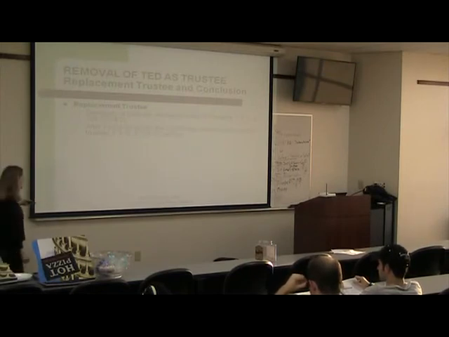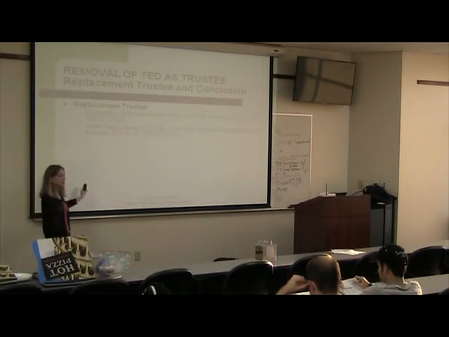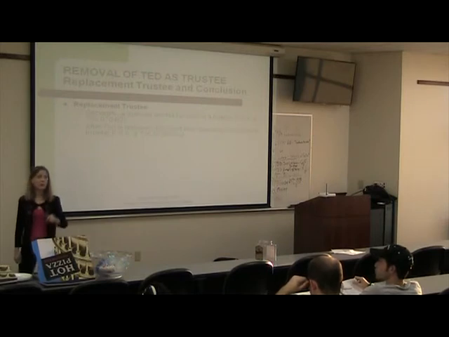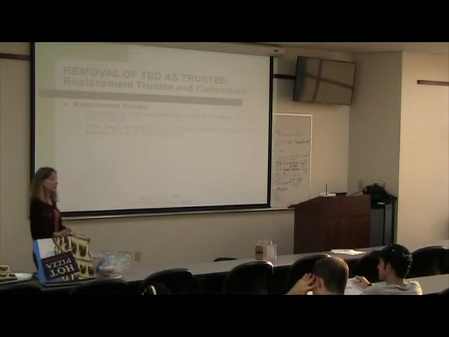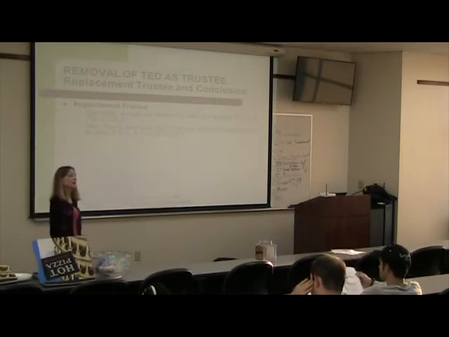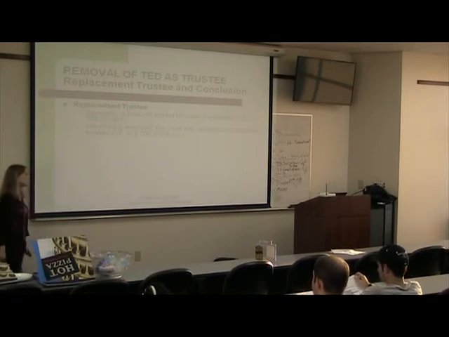The only time that the court would let a trust fail for lack of a trustee is if the settlor says, I want this one person and nobody else. Could happen. And sometimes the trust document will actually specify one and only one trustee.